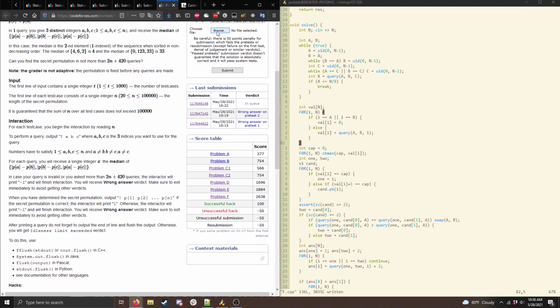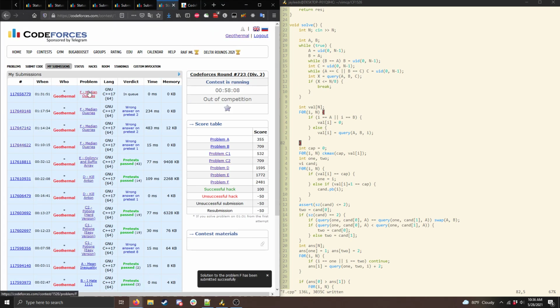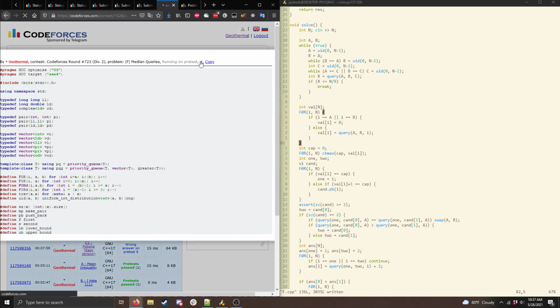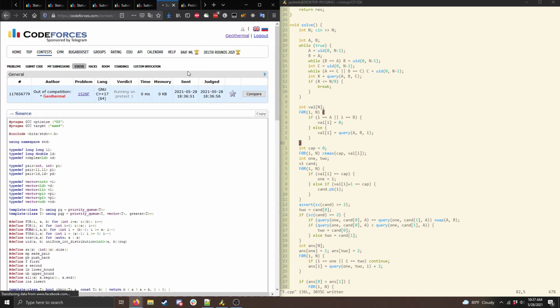I don't think any of what I've just done fixes it, but I also am kind of curious if this gets RTE, because if so, then that'll tell me a lot about what the error is. Does this pass now?